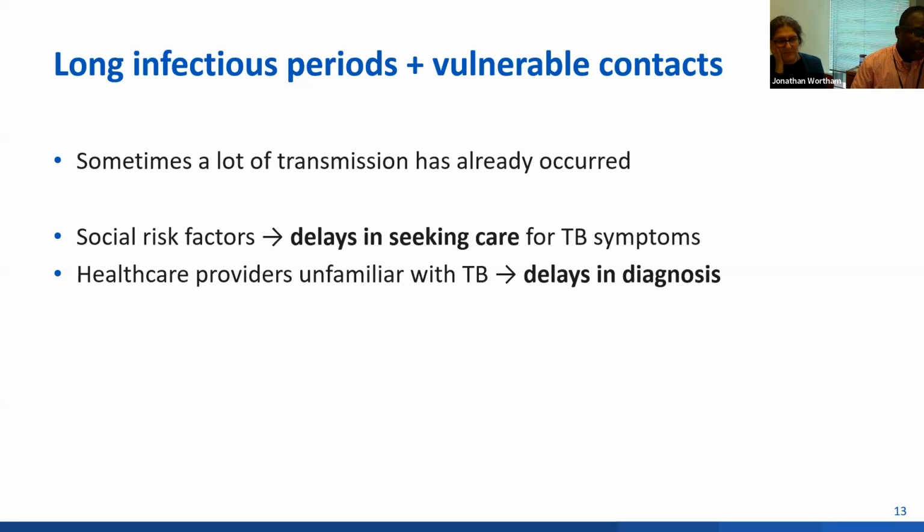Oftentimes, a lot of transmission has already occurred before the first indications to public health departments that there's an issue. And as a caveat to the previous slide where we said contact investigations prevent outbreaks, this is a situation where the health department is not to blame. You didn't fail with your contact investigation because you had no opportunity to intervene earlier in the infectious period if the person has a very delayed diagnosis, if that makes sense.